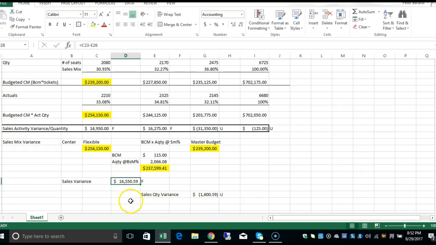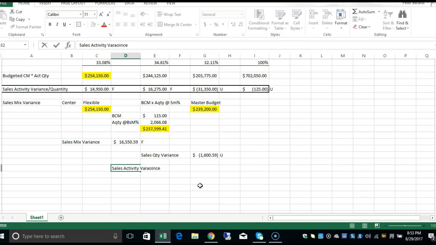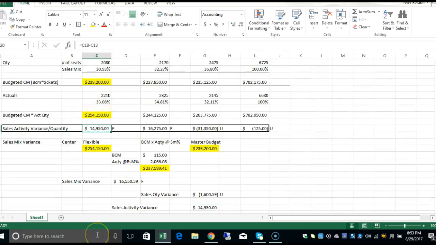Now, if you take the favorable sales mix variance and you add that to the sales quantity variance, our sales activity variance is simply adding the two. And as you can see, this 14,950 equals this 14,950.